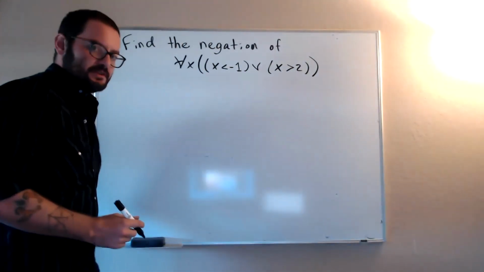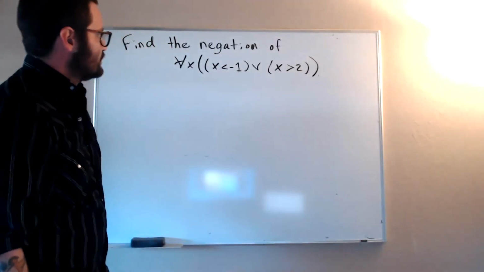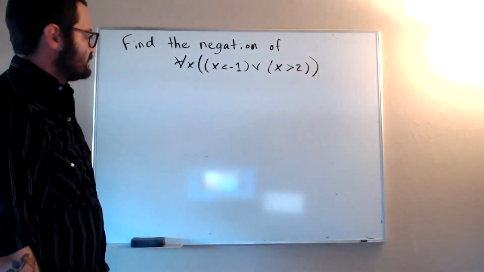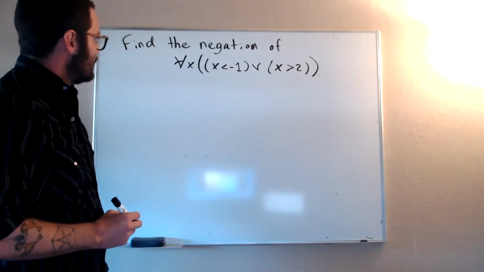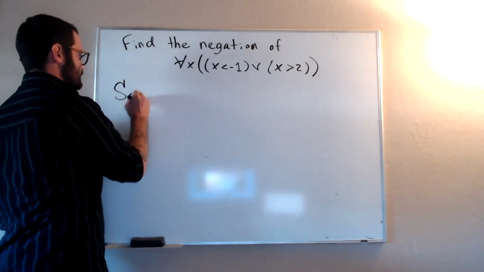Okay, so I'm definitely going to give you a problem like this, where I give you some compound proposition with a predicate in front, and I'm going to ask you to find the negation of it. So let's do this. Solution.